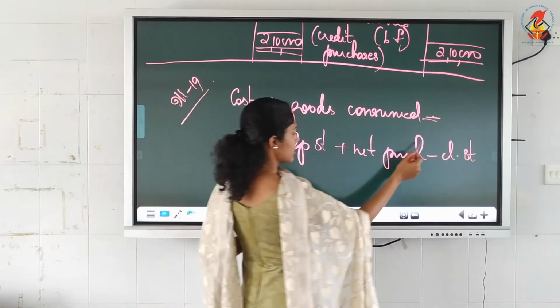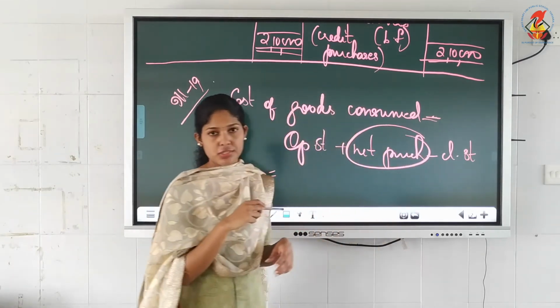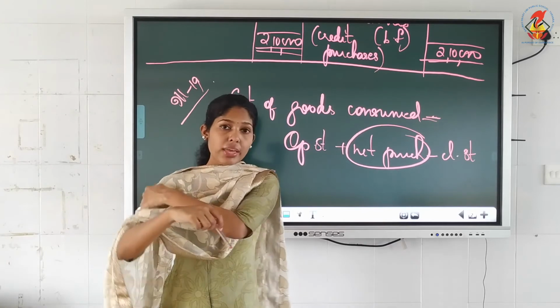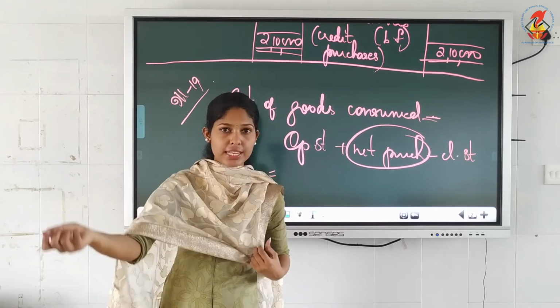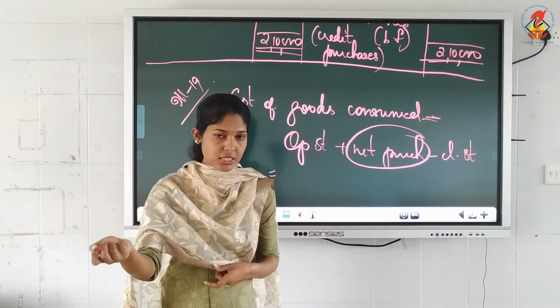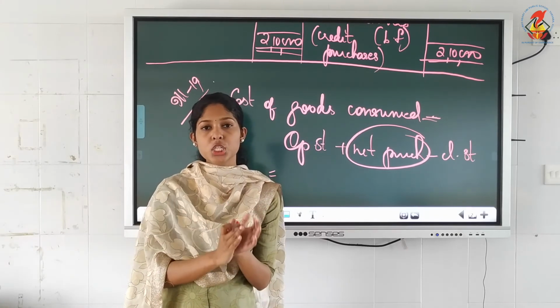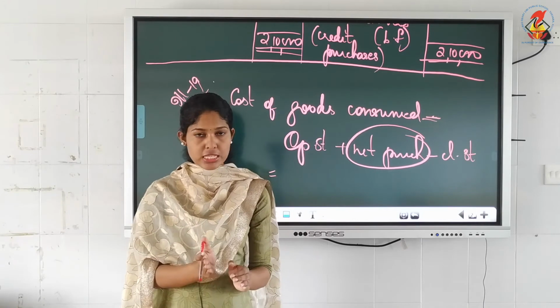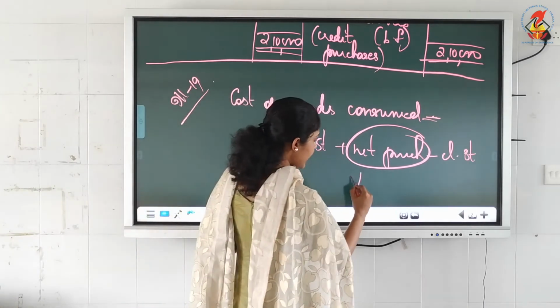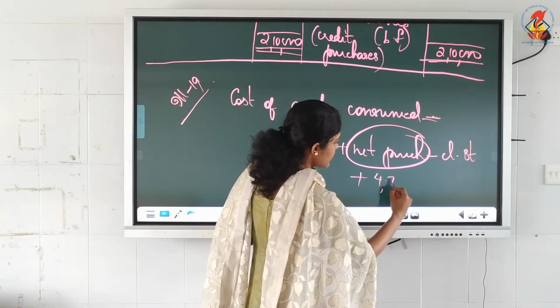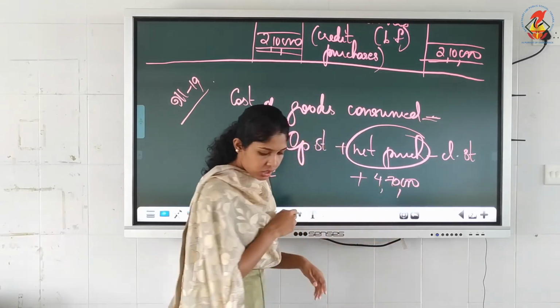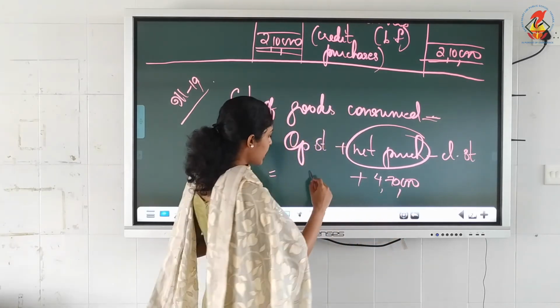What we need is also the purchases figure, isn't it? In the previous question the 2 lakhs was the amount paid, that means amount paid to creditors. Here the amount paid to creditors is not given. That is the stationery purchase for 2020. So the purchases figure is directly given, 4,70,000.